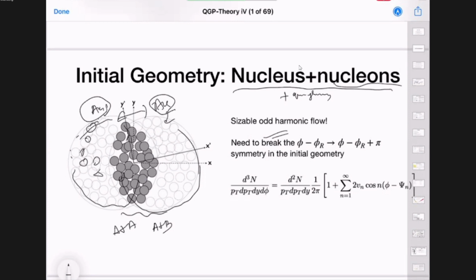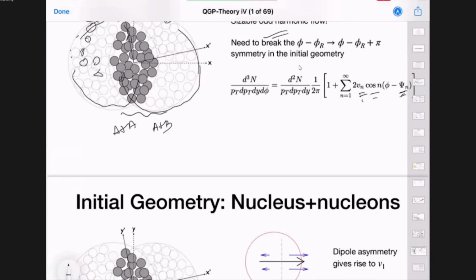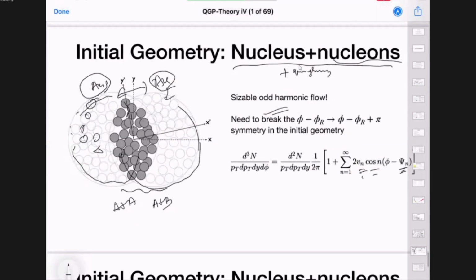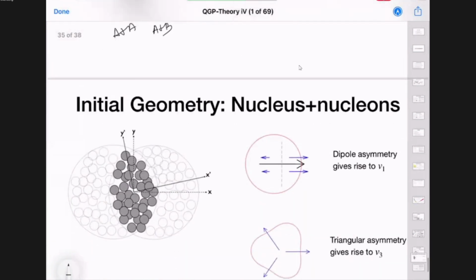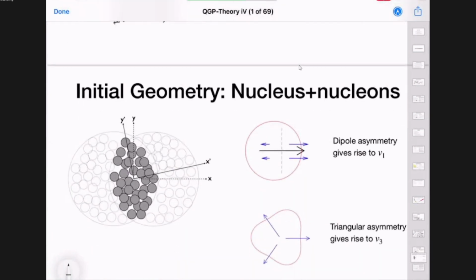Okay, so once you do this, you see this is Vn and this is psi n, because all such symmetries are gone. So we should have both cosine as well as sine terms, which we have taken together and written in this way. And now even and odd n can be present. So you could have various different types of initial asymmetries, right?